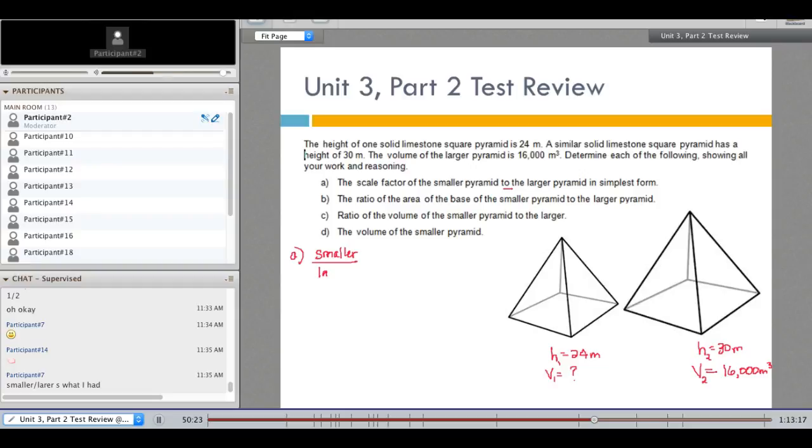So maybe what we should do, just because on that previous example from the 3.11 quiz, if we want to keep things consistent, I don't want to confuse you guys too much, but let's call the smaller pyramid volume 2 and height 2, because when we set up our ratio, since we're dealing with volumes, we'd have t cubed, we'd have volume 2 over volume 1.